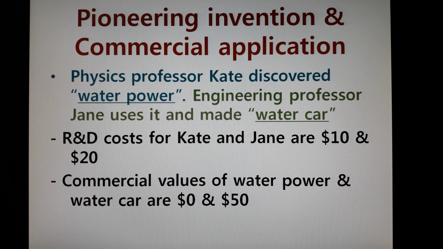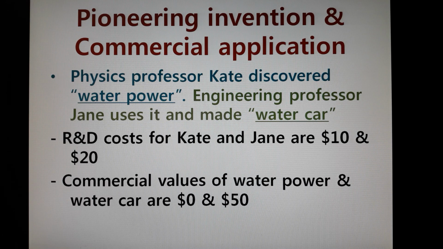However, finding the person who can do this job, in this case Kate and Jane, is the most difficult thing here. Finding your negotiation partner who has the skill to make the water power theory and the water car.